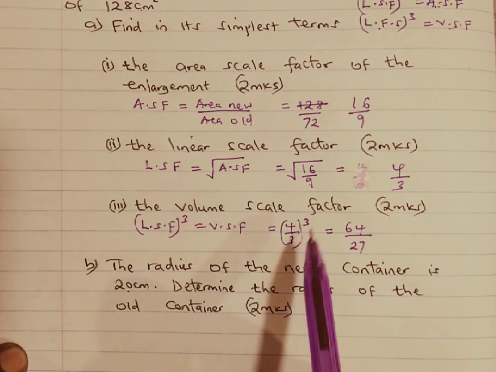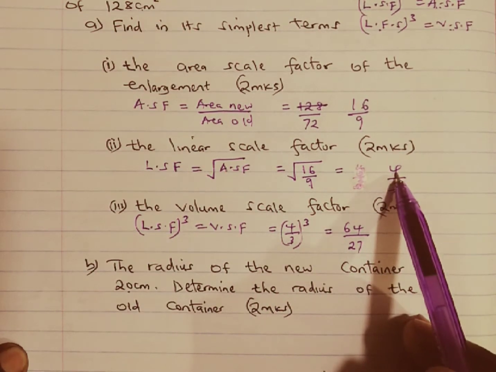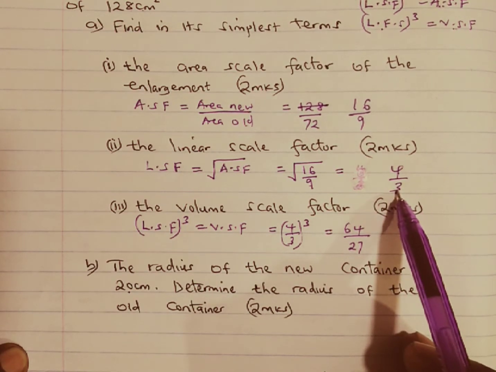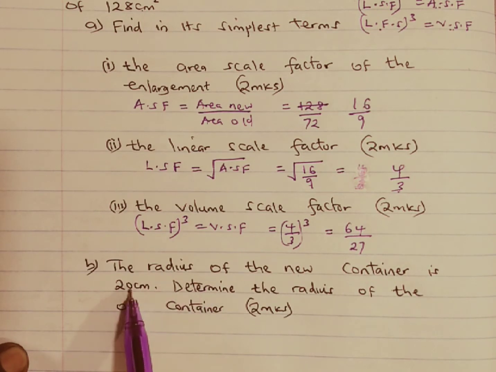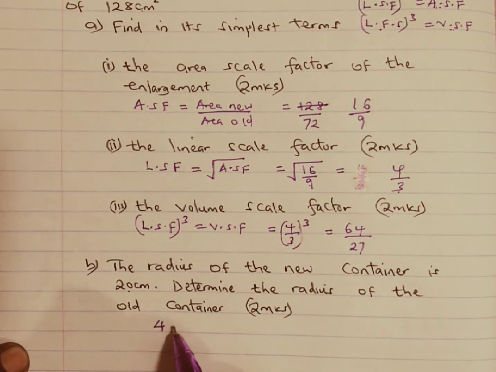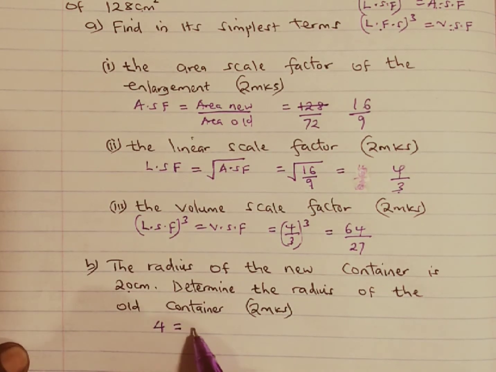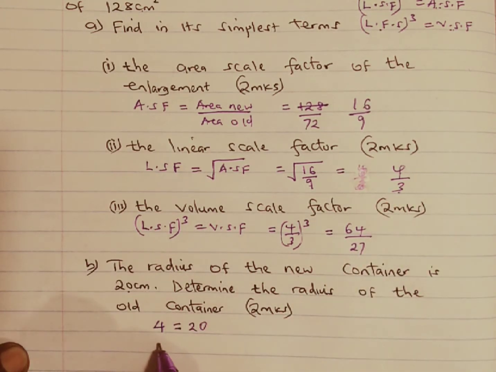And from the linear scale factor, which is 4 out of 3, 4 represents the new, while 3 represents the old. In this case, we are given the radius of the new as 20. So we can say 4 represents the radius of the new, which is 20, and we are supposed to find the radius of the old, which is represented by 3.